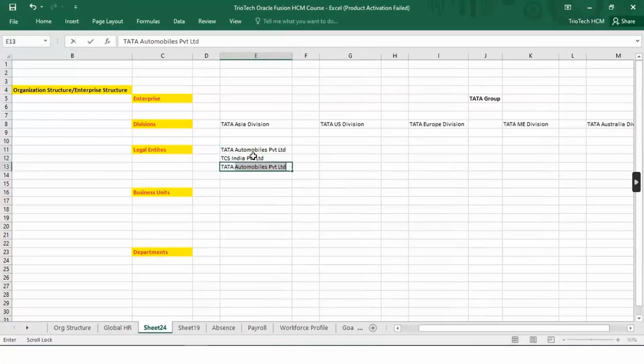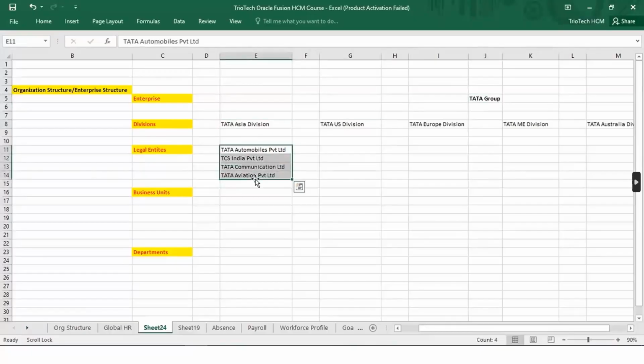Then let's say, team, Tata Communications Limited. Then let's say, team, Tata Aviation Private Limited. Let's assume, team, as of now under Asia division, nothing but in India, you can consider something like that. Under Asia division, team, these are the companies that our client Tata Group is having.